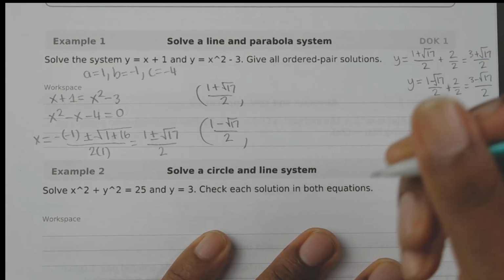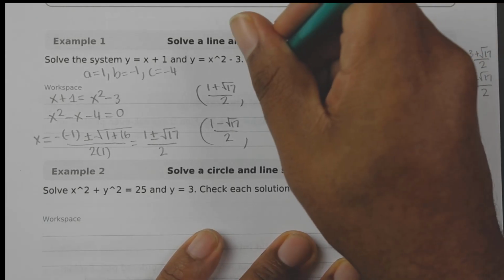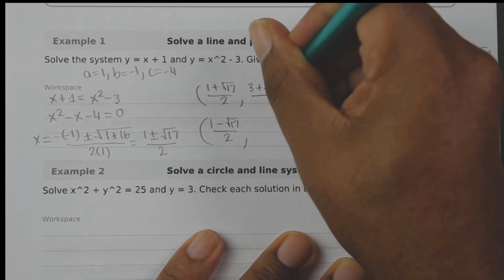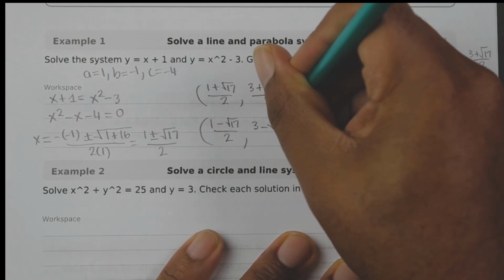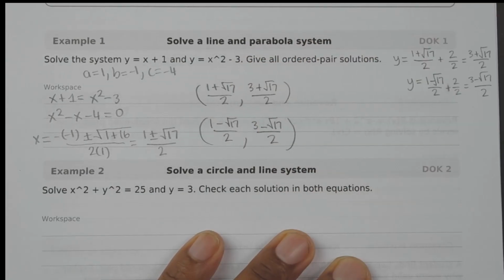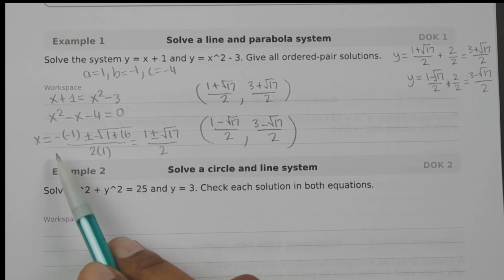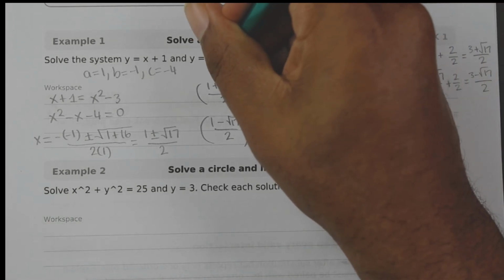So notice I have those corresponding y values: 3 plus root 17 over 2, and then 3 minus root 17 over 2. Okay, so that pretty much shows you that whenever you have a system that has two x's, you need to make sure that you find their corresponding y's.